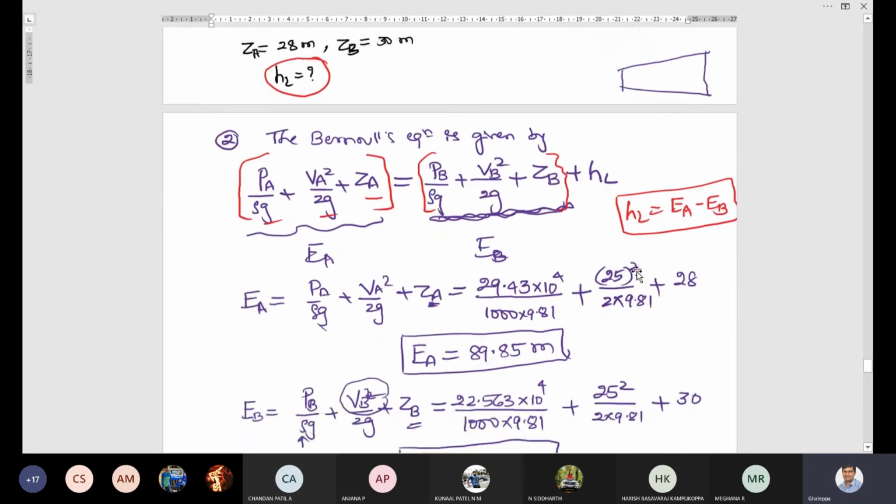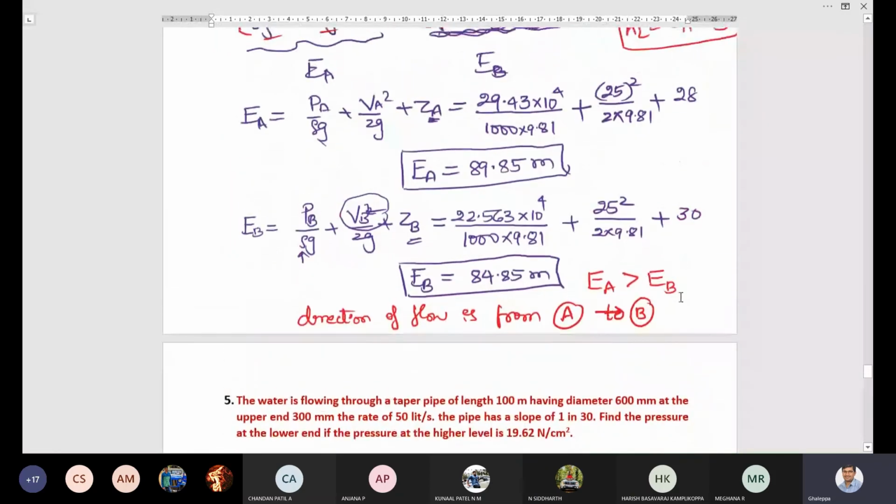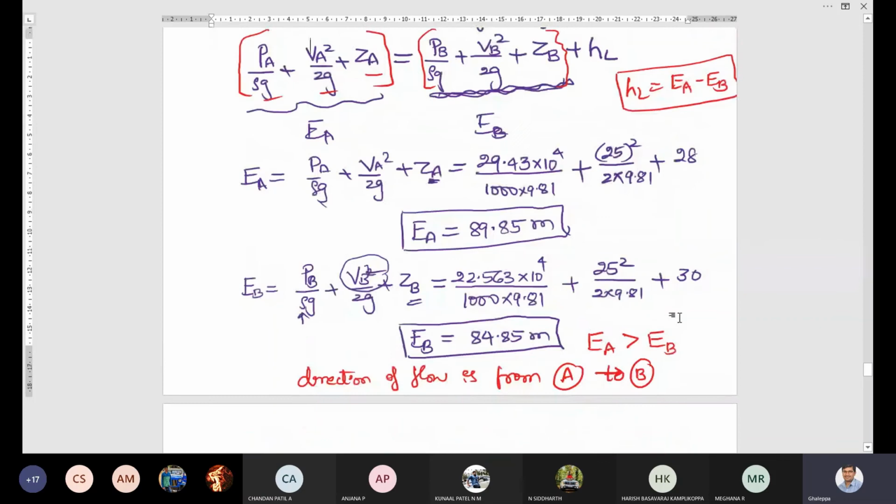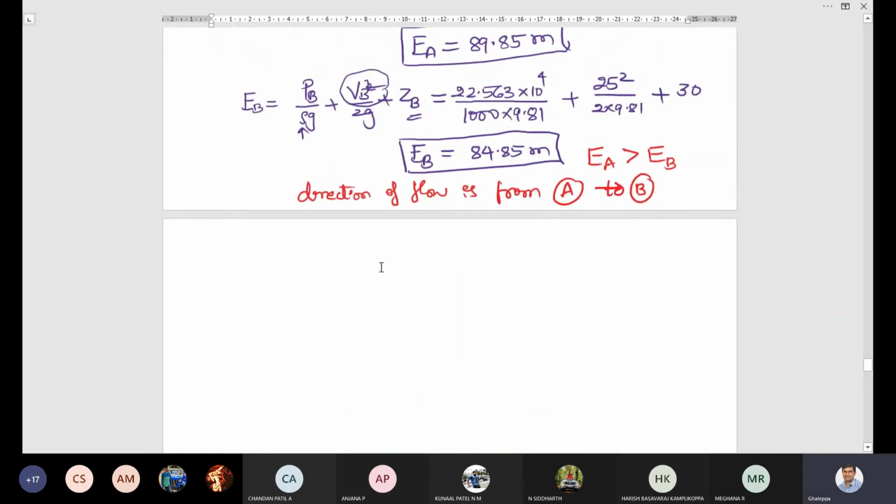So the head loss HL is equal to EA minus EB.